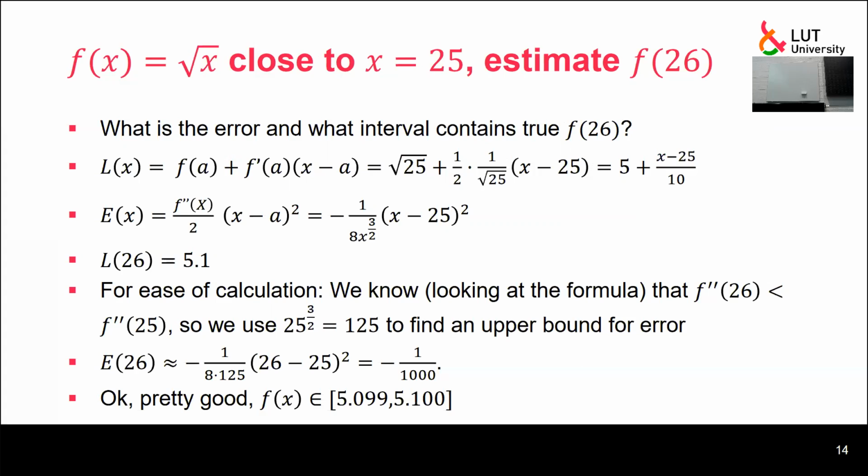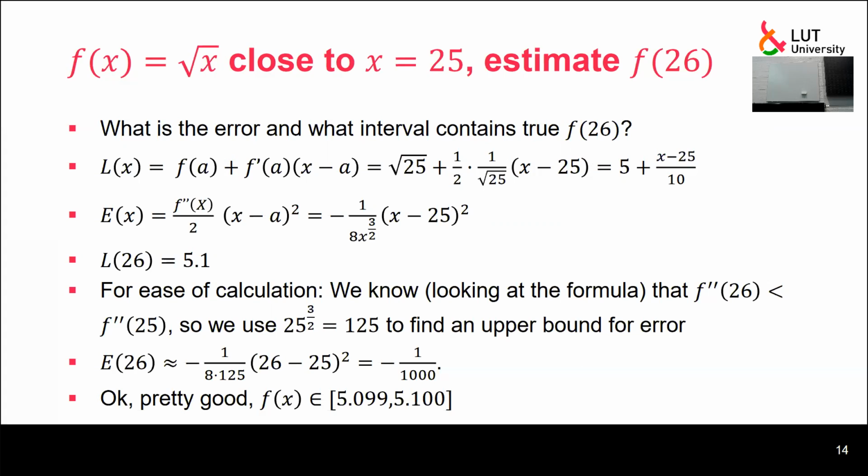So now here's an example of how to calculate the error interval. The error does also have a sign, which tells us on which side the other end is where our true value might be.